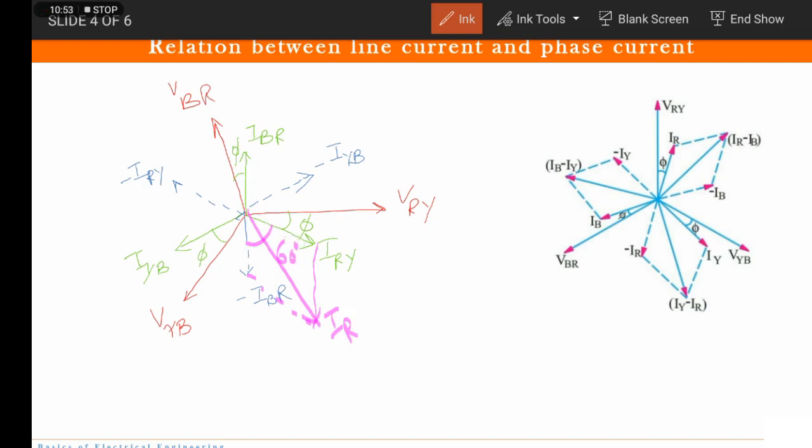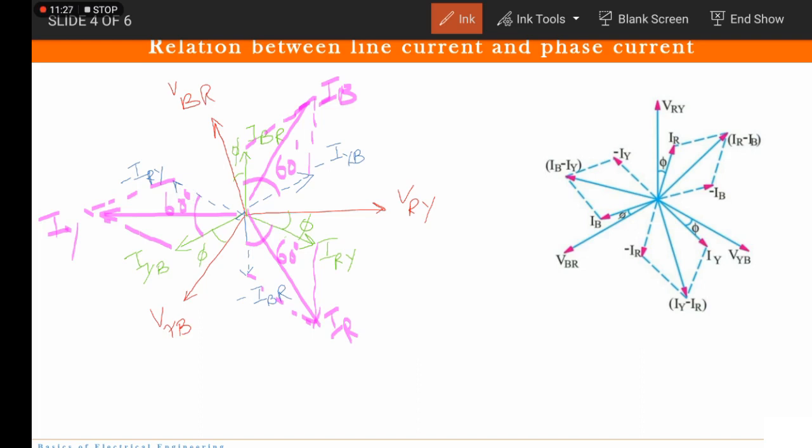Then I want resultant IB. So here I will have the resultant IB. So this is IB. And again this phase difference is going to be 60 degrees. Similarly, I want IY. So here I will have IY, and this phase difference is 60 degrees.